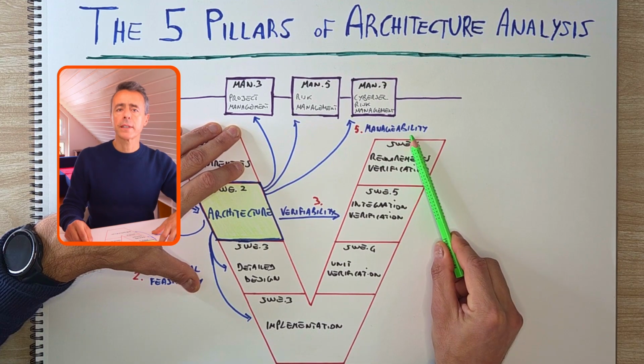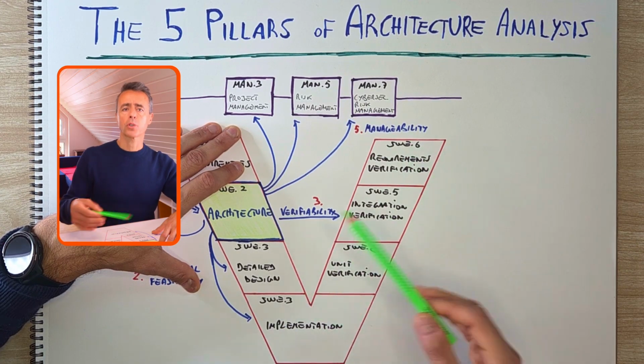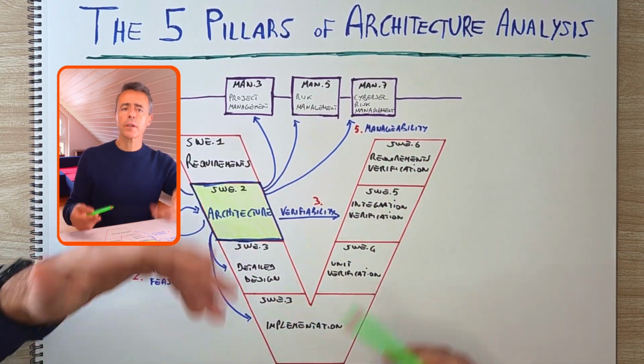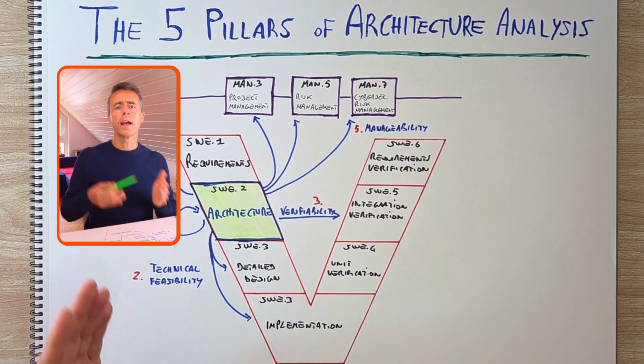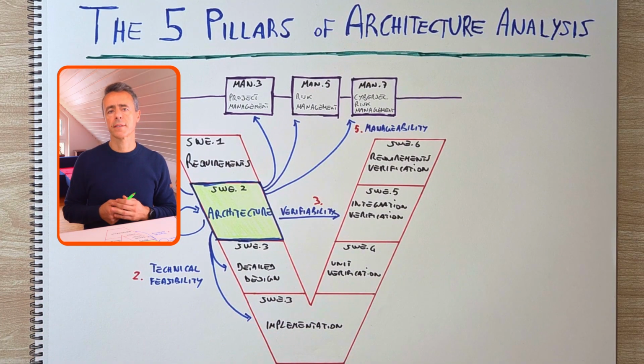I call this property manageability because architecture analysis supports project planning, realistic estimation, and early identification and treatment of technical, safety, and cybersecurity risks.